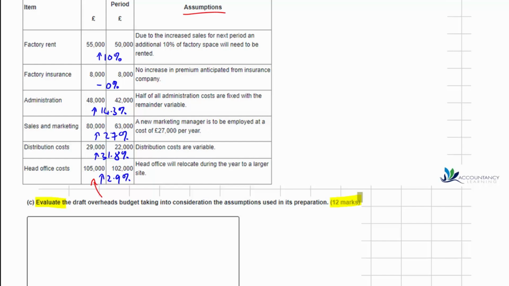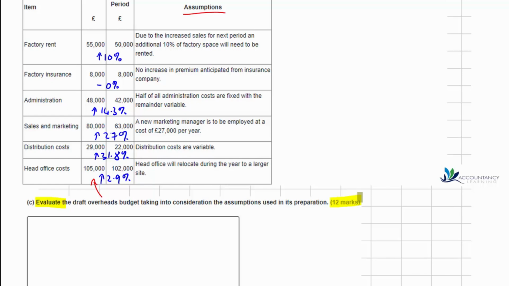So let's look at the factory rent. Let's look at each of them in turn now. So remember, we've got to keep in our mind that there's a 15% expected increase in our sales volume. Now, for our factory rent, we've got a 10% increase in the cost, which doesn't marry up with the increase in our production facilities. But that's okay, because it doesn't necessarily mean that we need to expand our factory consumption in proportion to the sales increase.